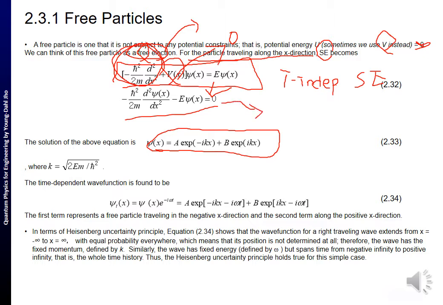This is actually a very simple second order differential equation.